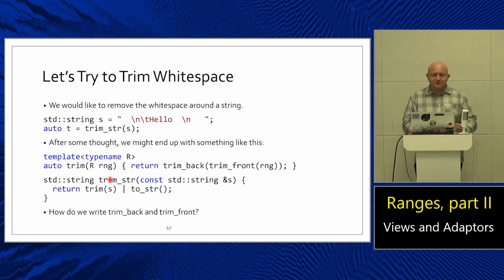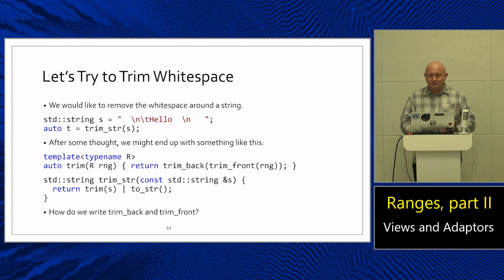We have trim string over string with this generic trim of any range composed with toString. So first trim and then convert to string. And we need to write this code. We need to write internals of all these functions. So far it looks perfectly reasonable, but how do we actually write trim front and trim back?